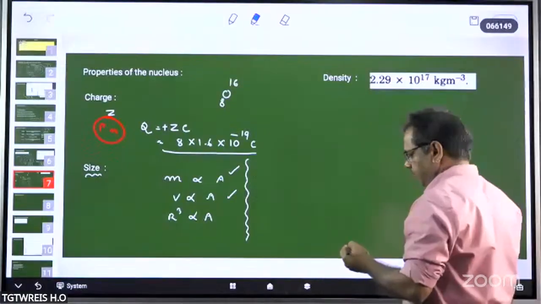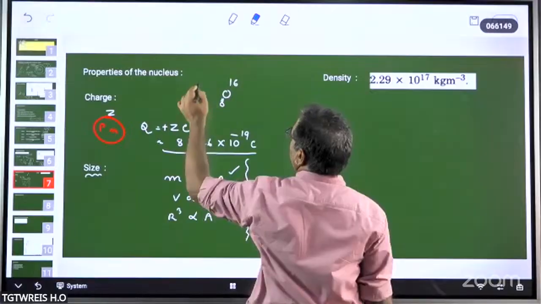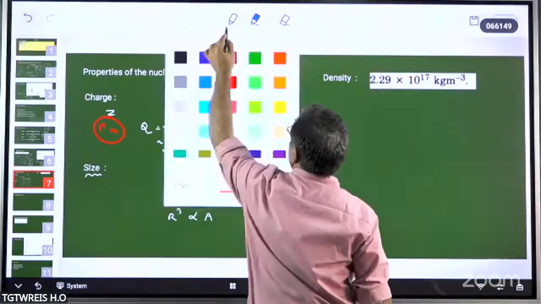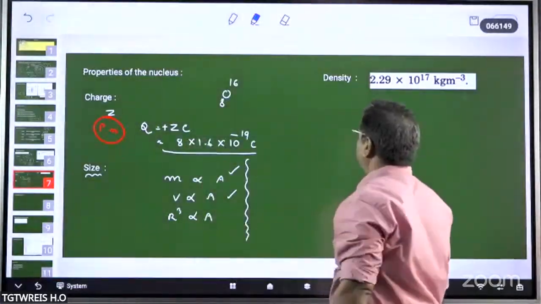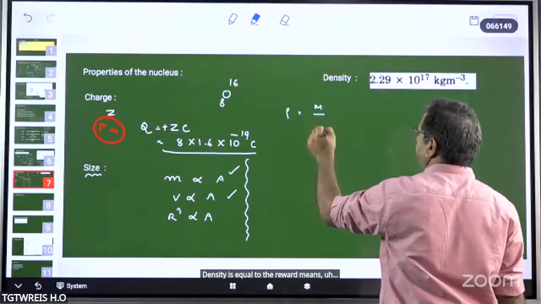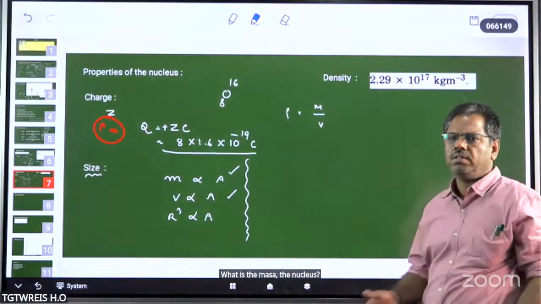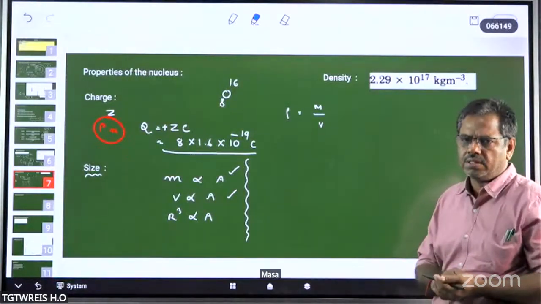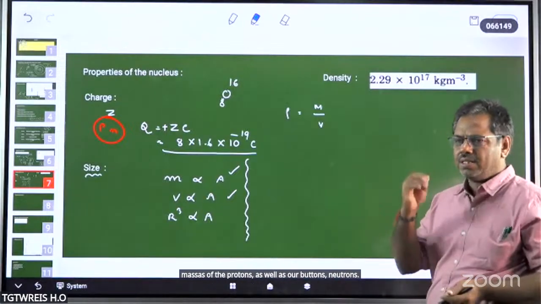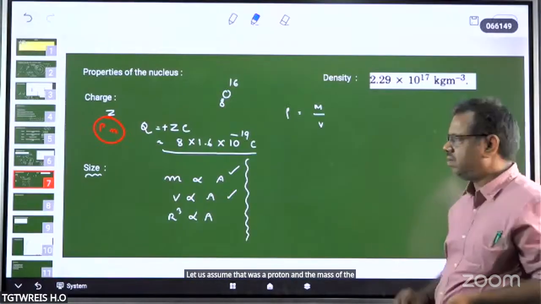So density is equal to mass by volume. What is the mass of the nucleus? The mass of the nucleus is nothing but the masses of the protons as well as the neutrons. Let us assume the mass of the proton and the mass of the neutron are almost equal.